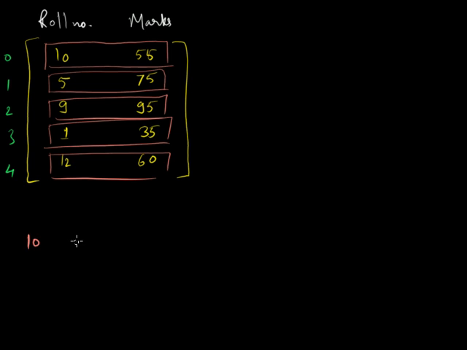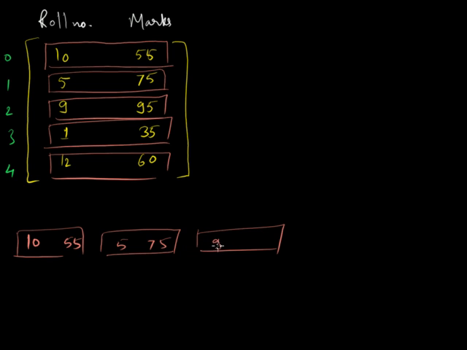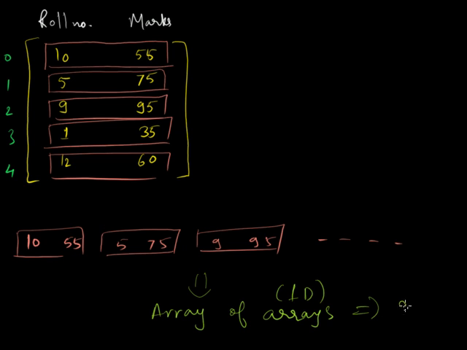This is the first array, 10 55, this is the second array, 5 7 5, this is the third array, 9 9 5, and so on. Now what you have seen is nothing but an array of arrays, and these are 1D arrays, right? An array of 1D arrays is nothing but a 2D array.